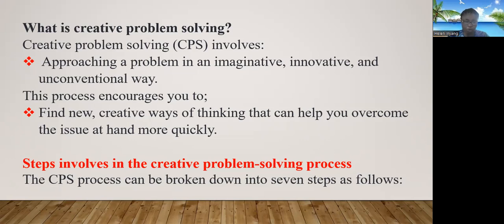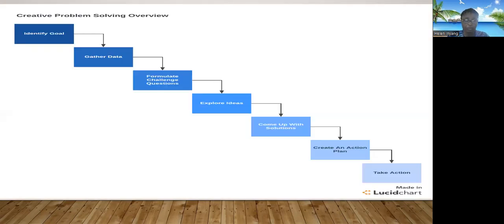We are also going to look at the various steps involved in the creative problem-solving process. The CPS process can be broken into 7 steps as follows. The first step is identification of goals.